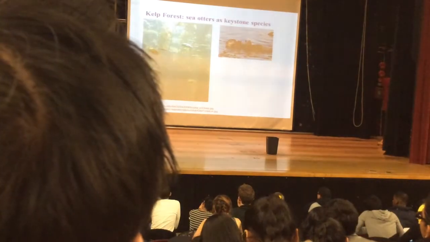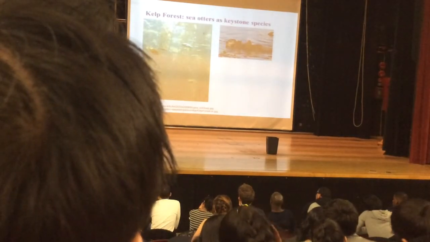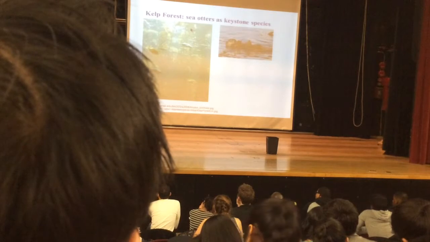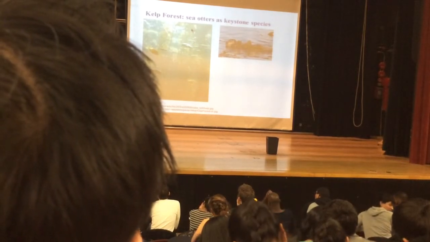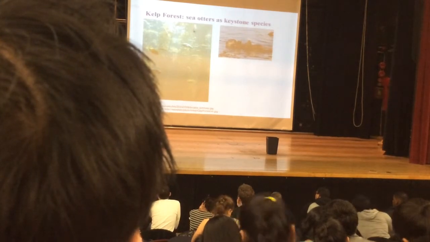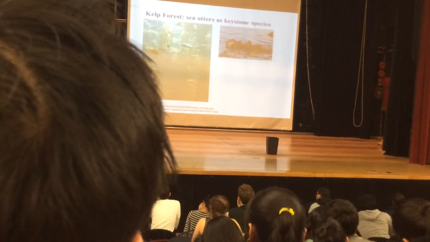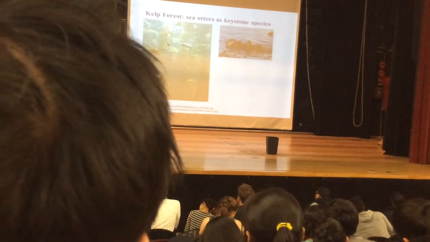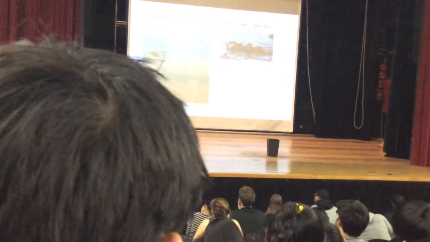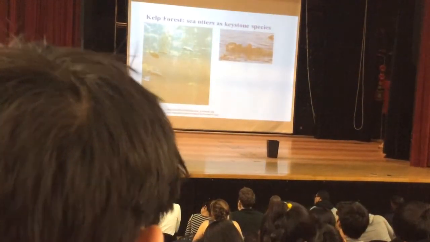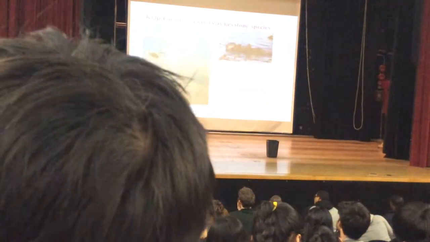Too many sea urchins. And if there are too many sea urchins, what happens to the kelp? They're eaten down to the roots, basically, or what look like the roots. And if there are no kelp forests, what happens to the fish? There are no fish. And what happens to the fishing industry? It collapses, and the economy in that part of California collapsed because they were killing off the sea otters.